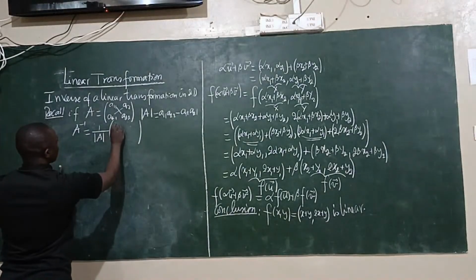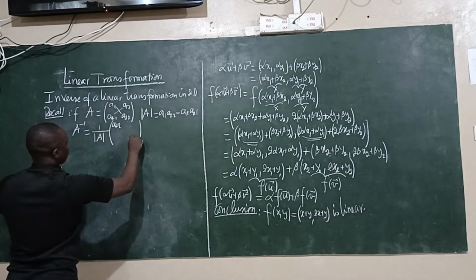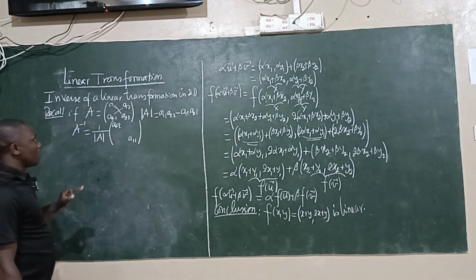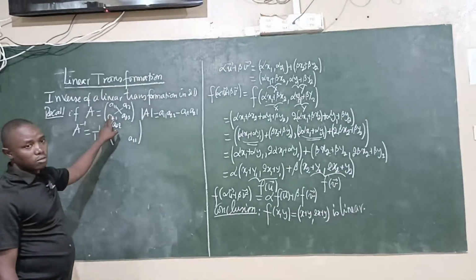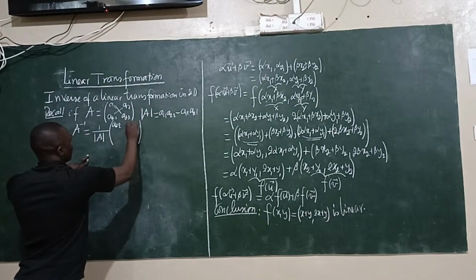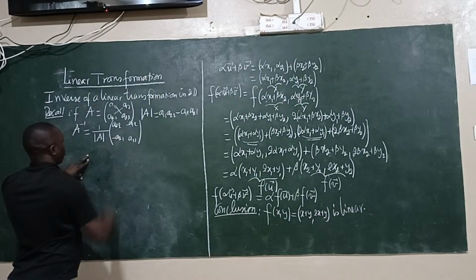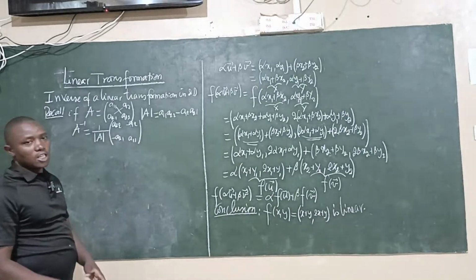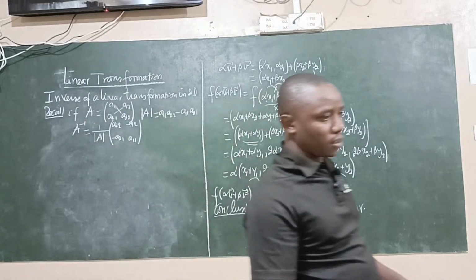Here we start with A22, and here A11. And what's next is to multiply the second diagonal elements by minus 1. Here is going to be minus A12, and here minus A21. This is a 2 by 2 inverse matrix.